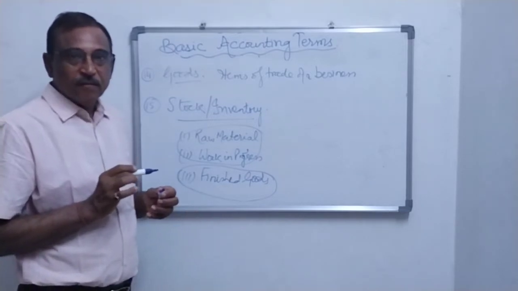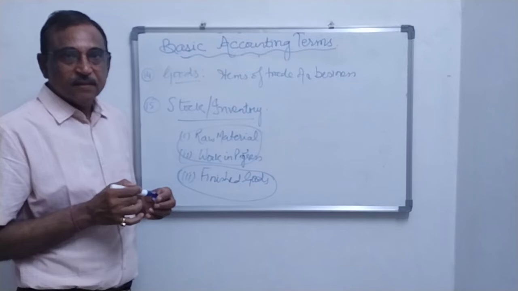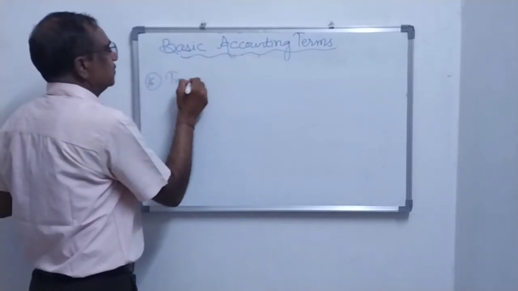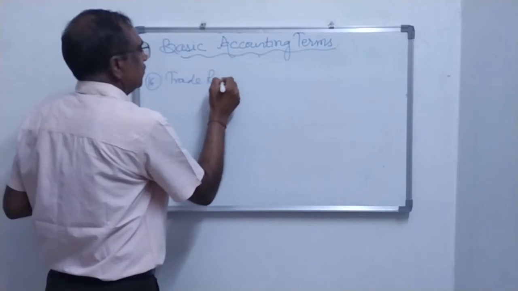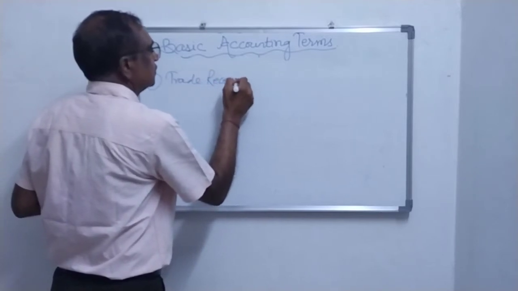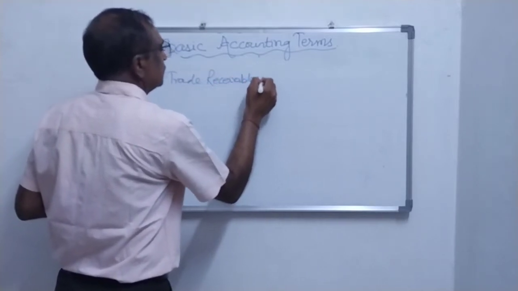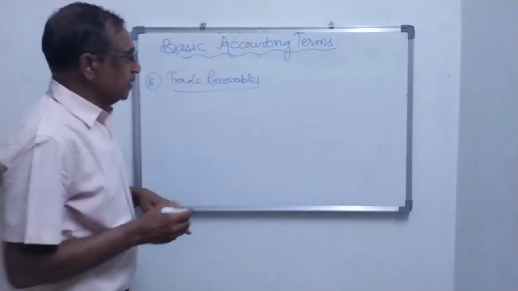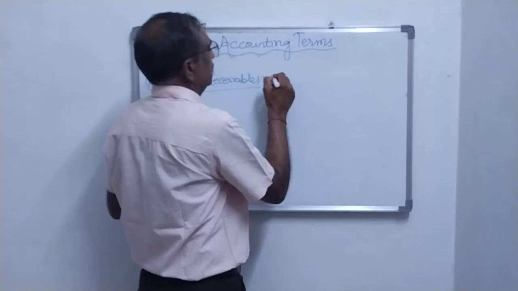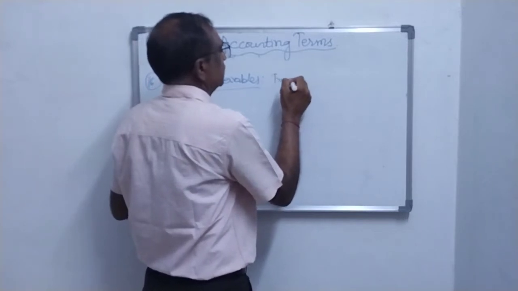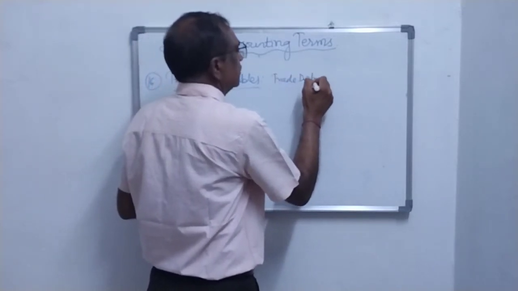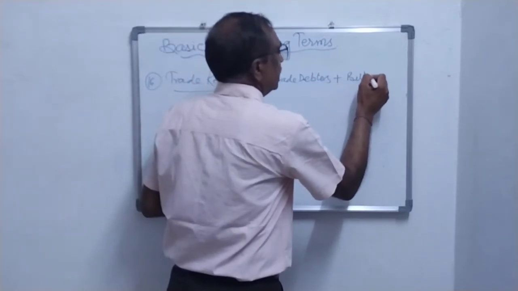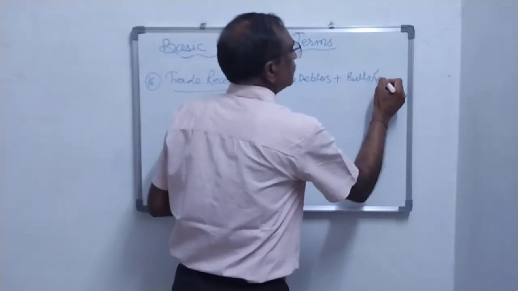So we move on further. Trade receivable. Trade receivable includes both trade debtors plus bills receivable.